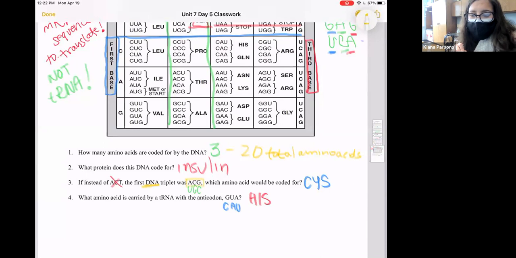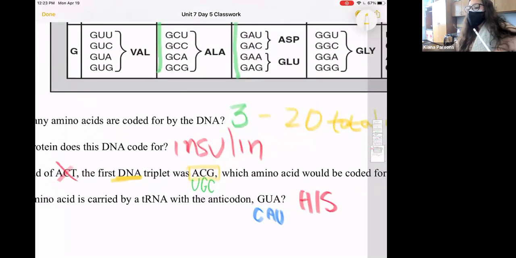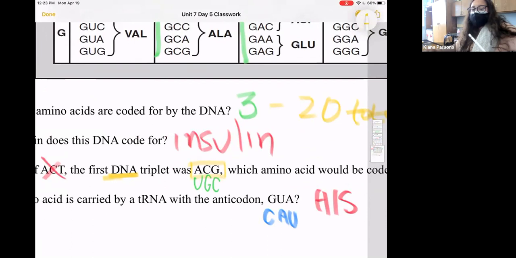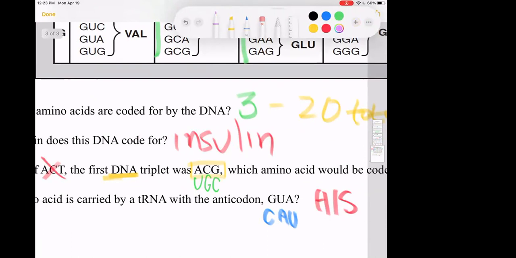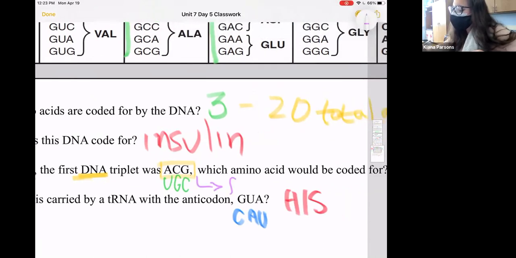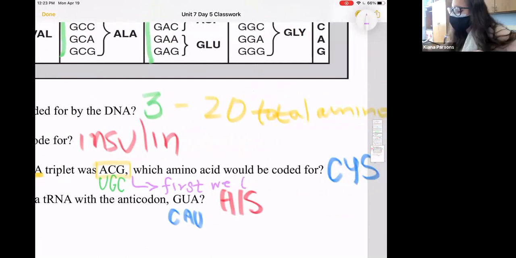Go ahead, Raphael. Well, you just need to find the UGC in the chart above. Well, right, but I wrote UGC on here. What is that UGC? What does that represent? Oh yeah, you took the DNA triplet, which was ACG, and then made it RNA, which is UGC. Right, so first we have to translate it to mRNA, and then take that UGC and go to the codon chart and find cysteine, or CYS.